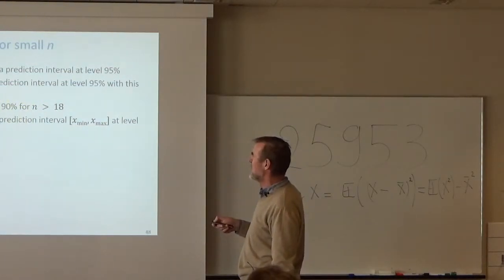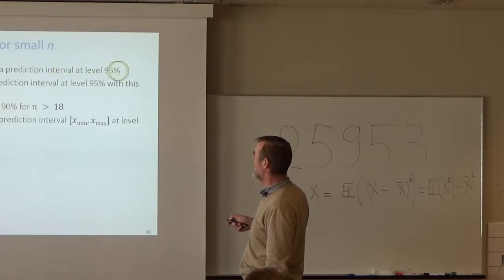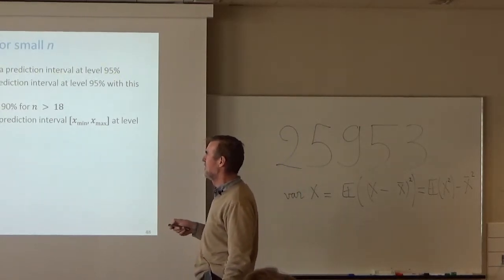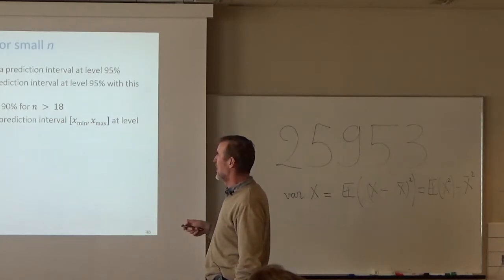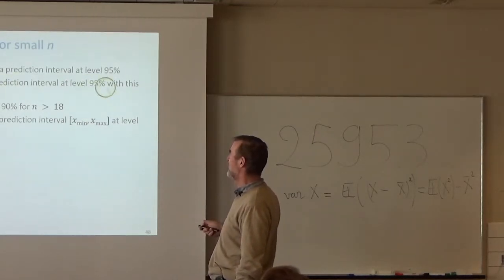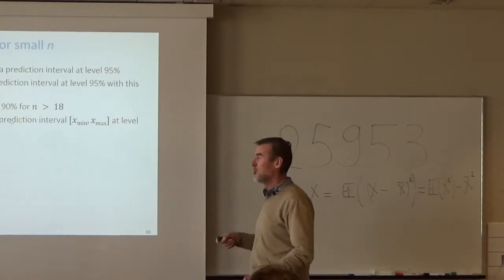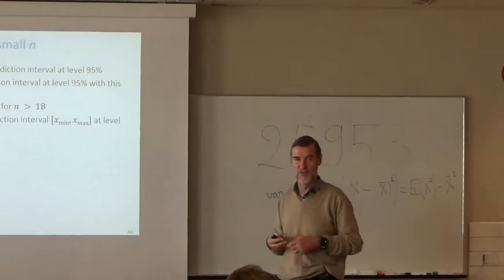For example, we see that if we replace by the min and the max, that corresponds to the case of 95% confidence and n at least equal to 39 here. If we go below 39, there is no prediction interval at level 95% here. So if you see only 10 data points, for example, you cannot say anything with confidence 95%.